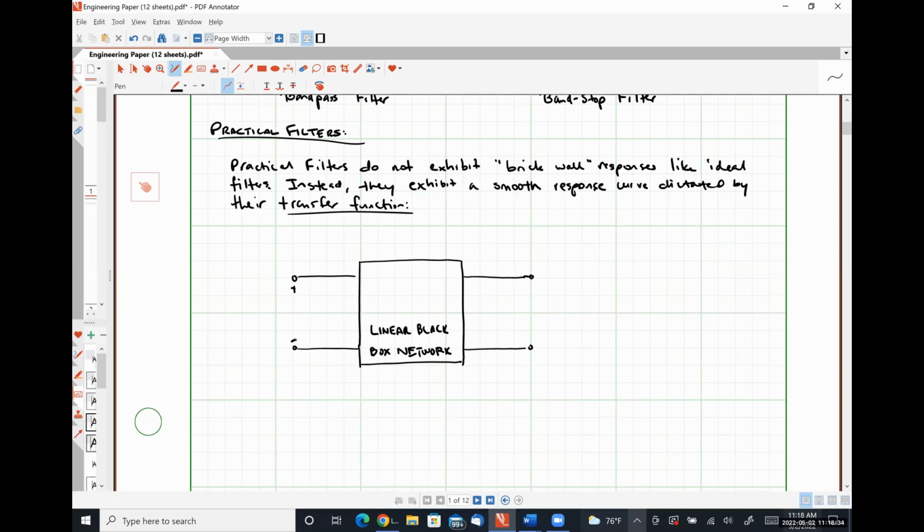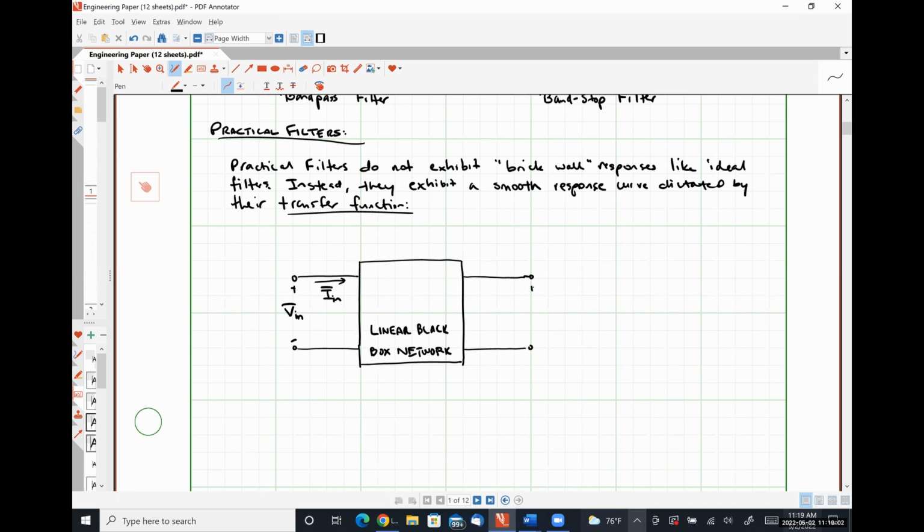Since we are dealing with frequency-dependent things, I'm going to express my potential input signals as frequency domain signals. So we could have an input voltage phasor or an input current phasor.